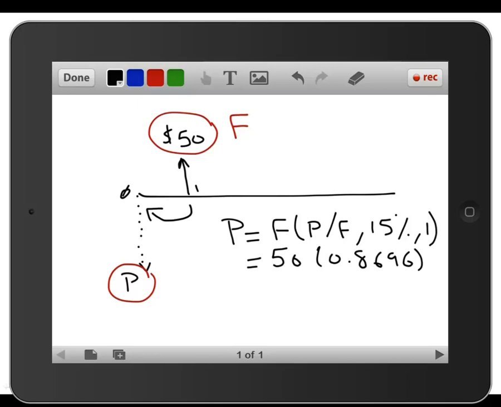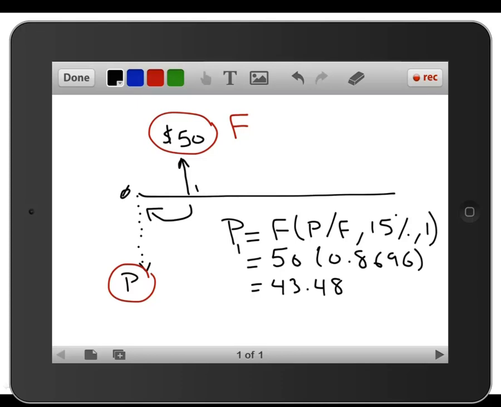If you multiply these together you should get $43.48, and that will be for the first group. So this is P for the first group, group number 1.